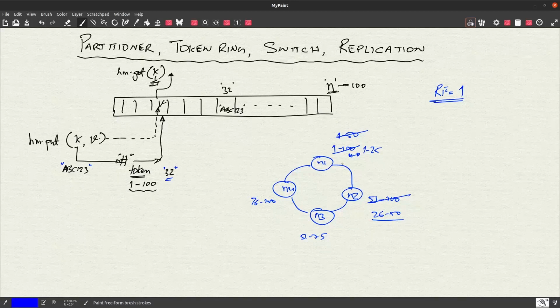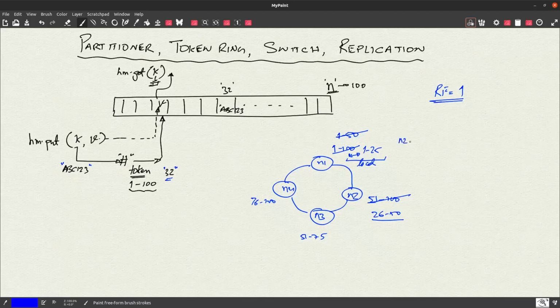Make sense? So this information where node N1 is aware of its own token range, this is called local information. There is a table called system.local. System.local, if you do select star from, you're going to get to know what is the token range that this node is responsible for.